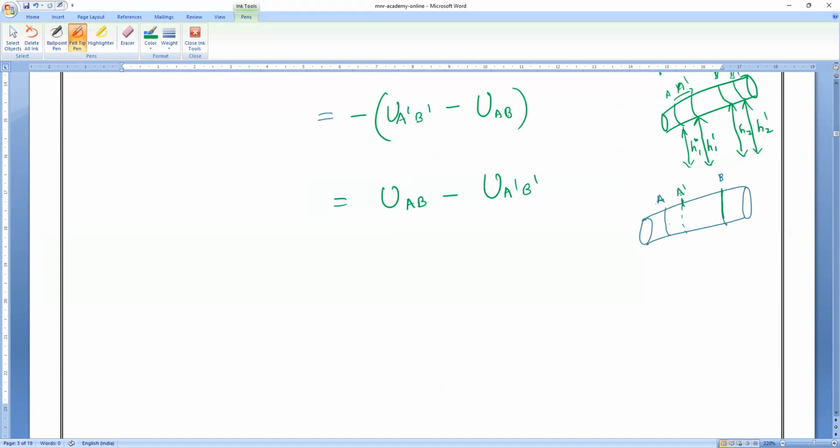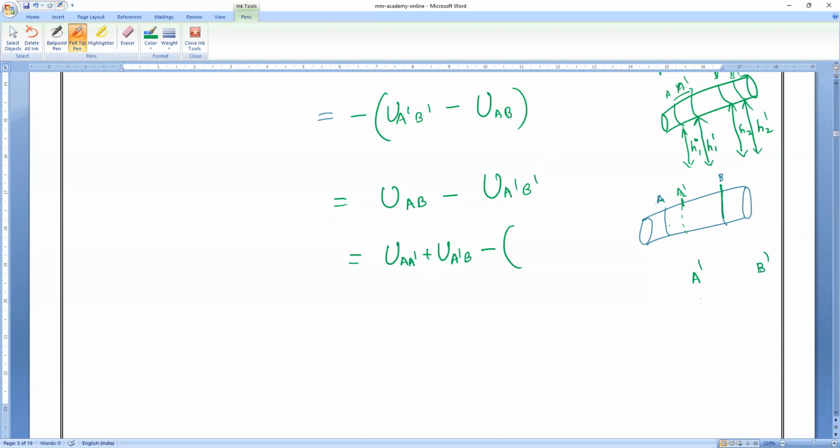First A to A dash, then from A dash to B. So initial potential energy is A to A dash plus A dash to B, minus the final potential energy. What is the final potential energy? A dash to B dash.